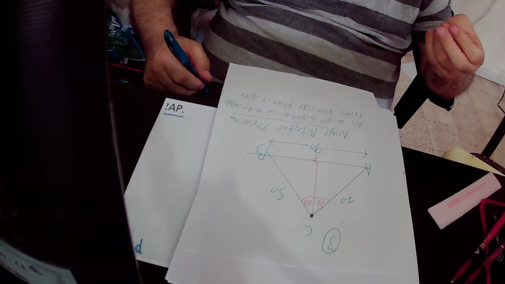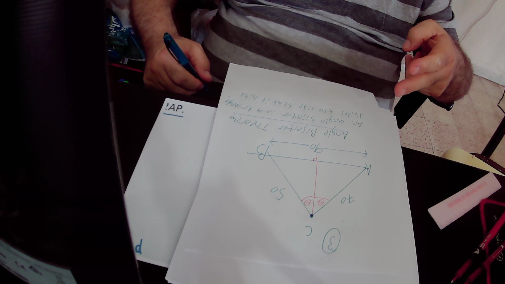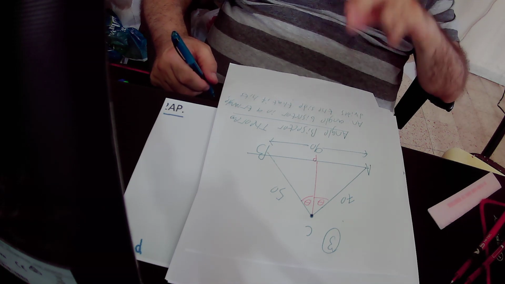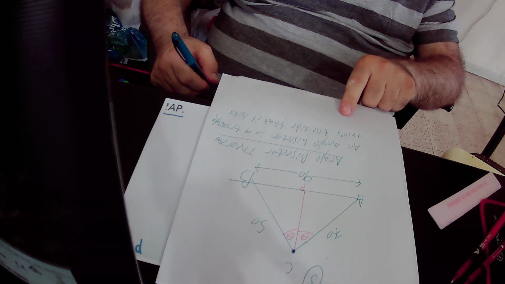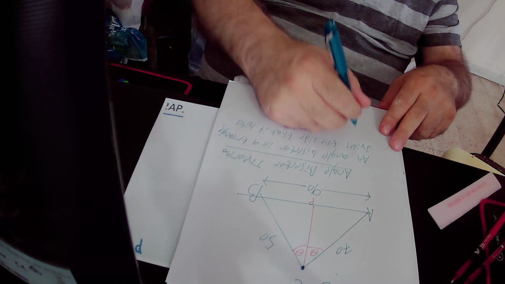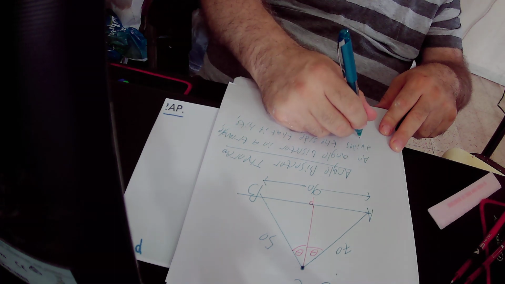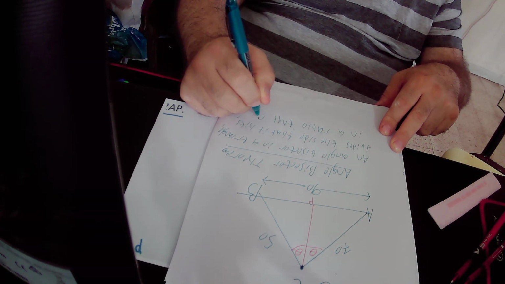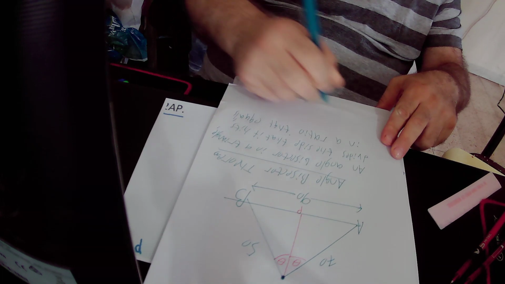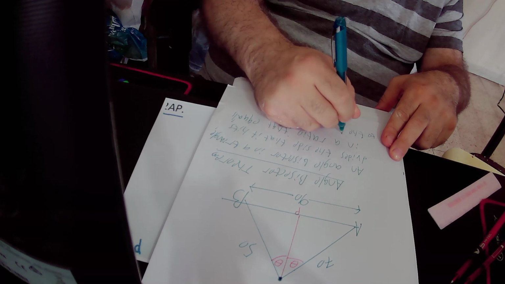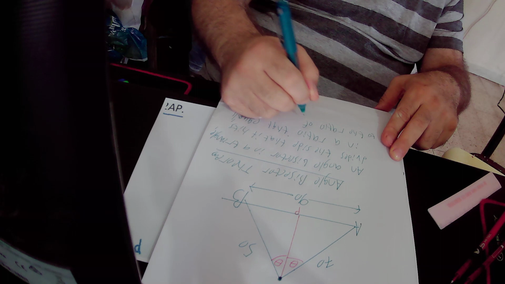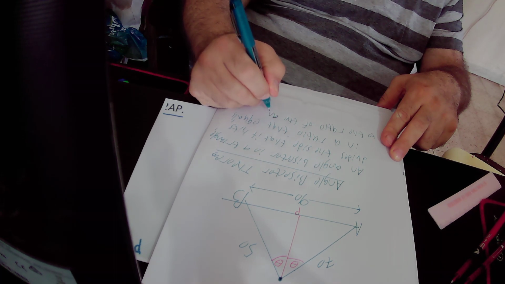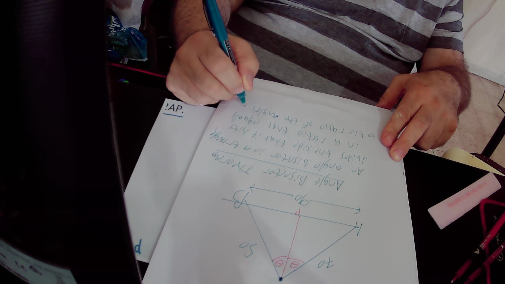It divides this side AB into two parts in a ratio that equals the ratio of the sides.